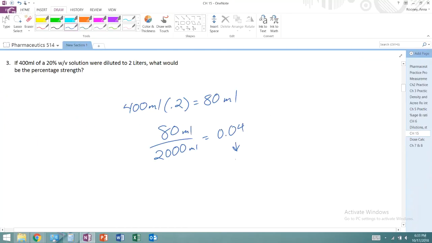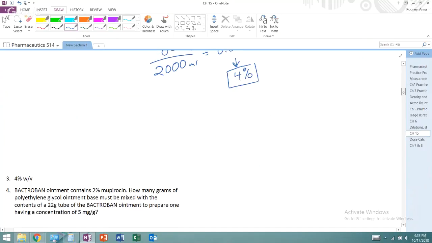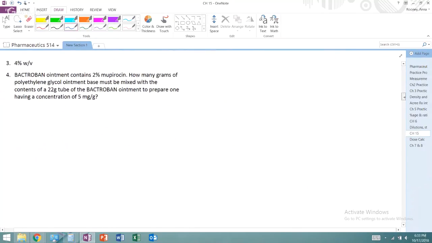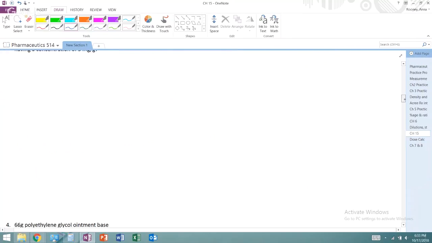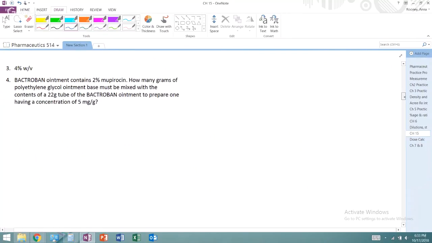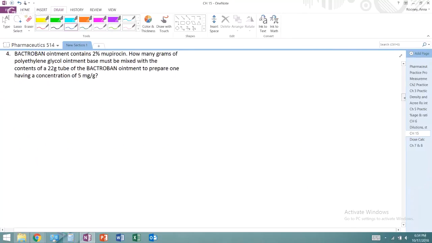And then that is 4%. I don't think it's about weight per volume. Oh well, it works out.